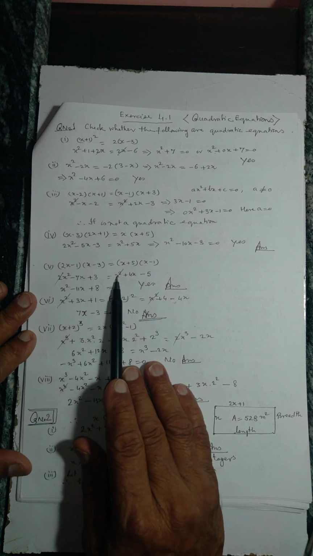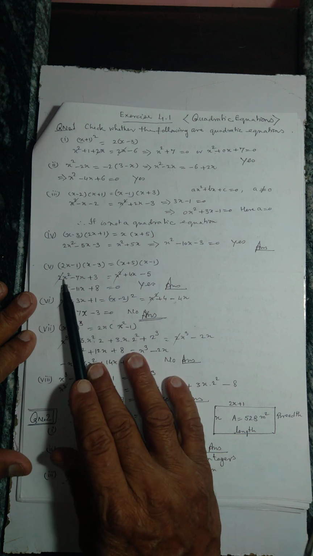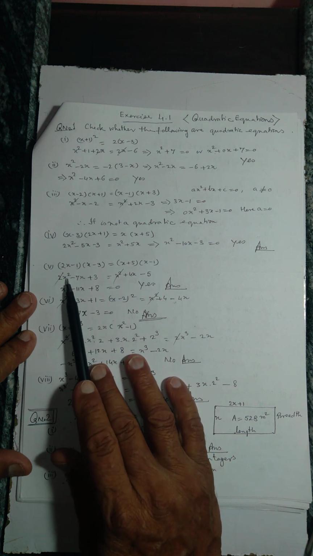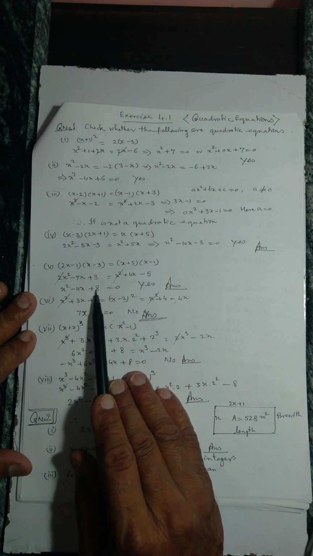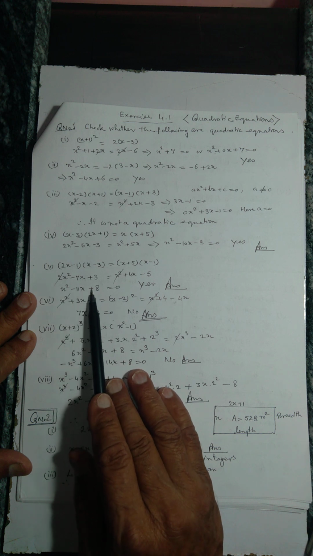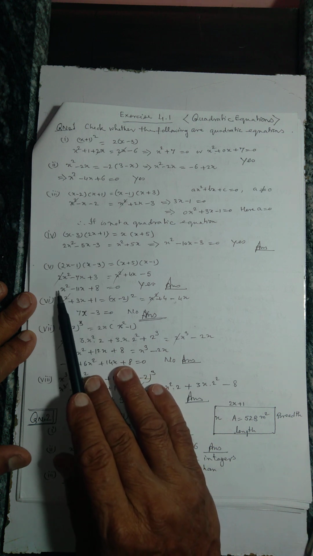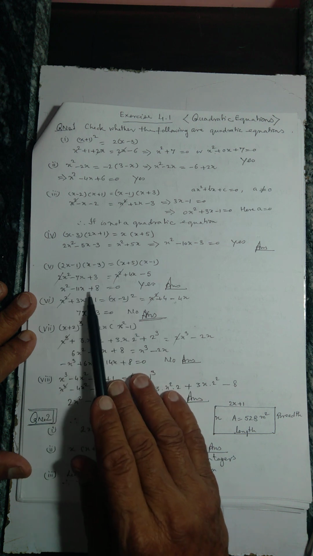If you take this x square to the left hand side, it will cancel the 2, so we are left with x square only. Now 11x plus 8. So I have reduced it to the standard form of the quadratic equation, where a is not equal to 0. Therefore it is a quadratic equation.